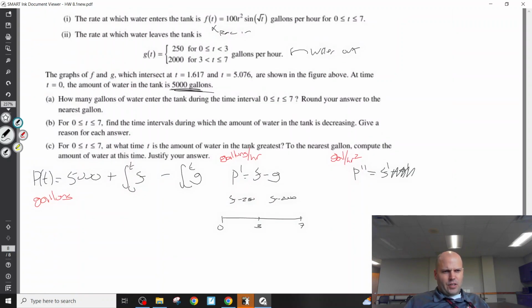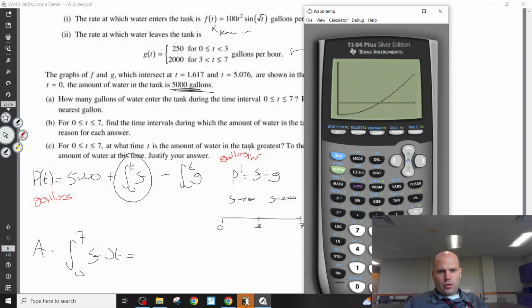Anyways, let's do A. How many gallons of water enter the tank from 0 to 7? We're just talking about that part. 0 to 7 of F. You can go into your home screen.